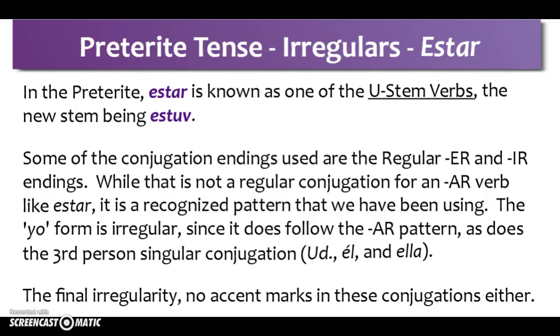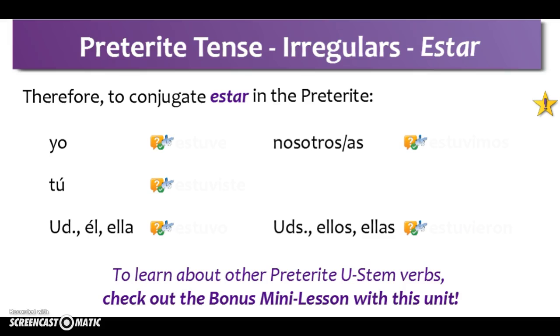Sometimes the conjugation follows an AR verb pattern for preterite. Sometimes it follows an ER or IR pattern. It does, along with the other irregular verbs we're studying in this lesson, continue the practice of no accent marks in these conjugations. But let's look more closely at the preterite conjugation for estar.